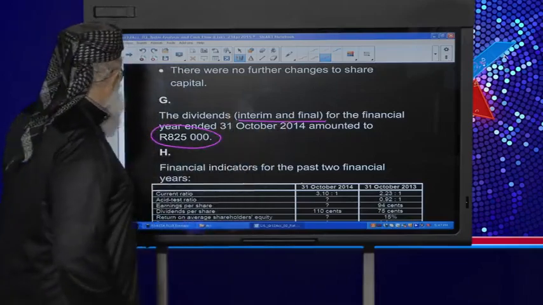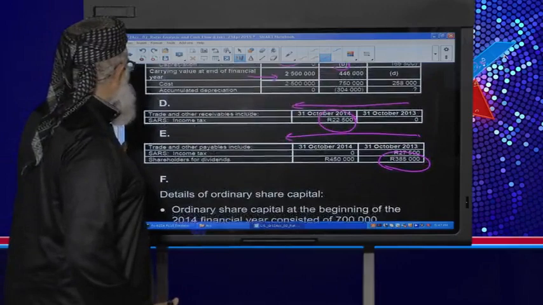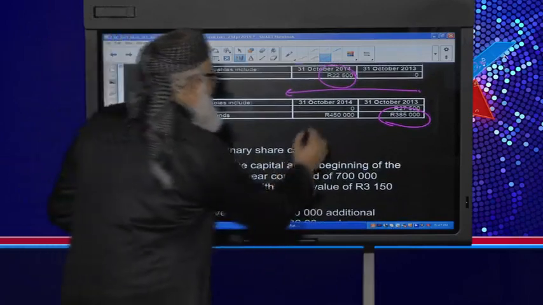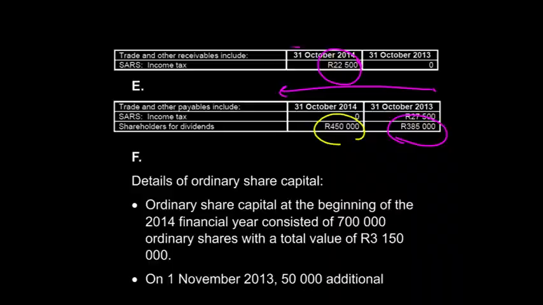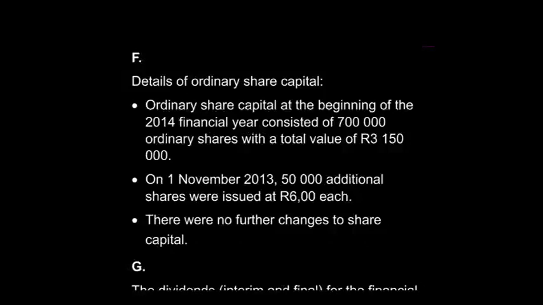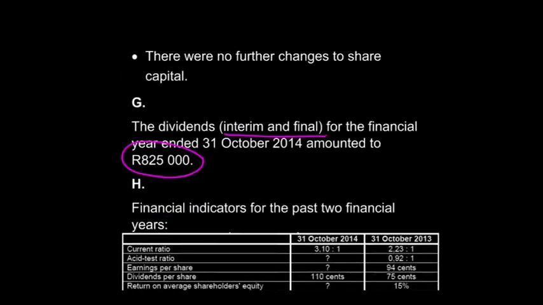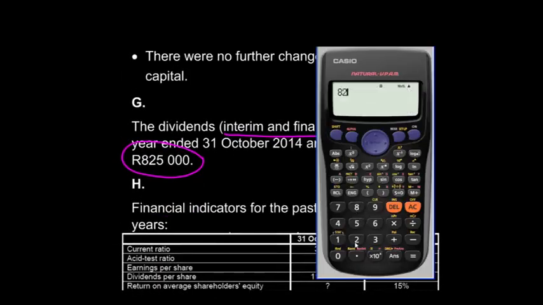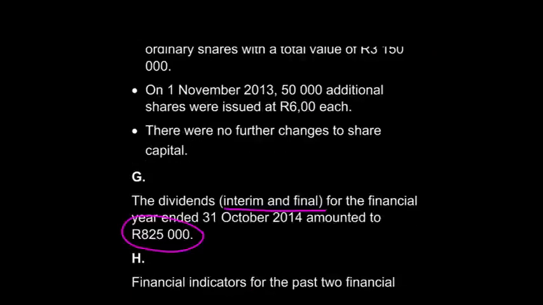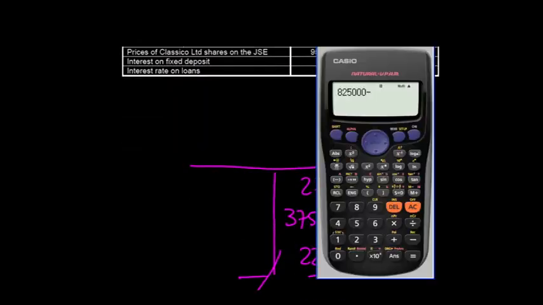My final dividend was, check my information, 450,000. There's the final dividend for this year, 450,000. So I say, fine, take my 825,000 minus the final dividend, which was 450,000, minus the 450,000, and this will give me a figure of 375,000.